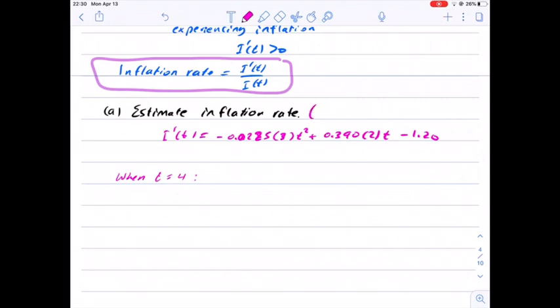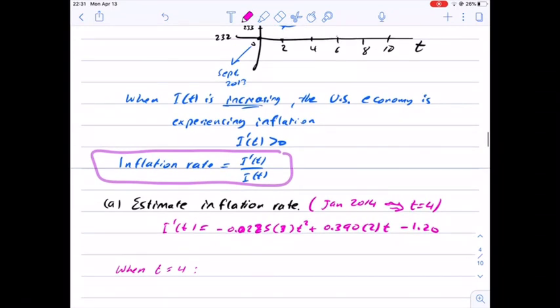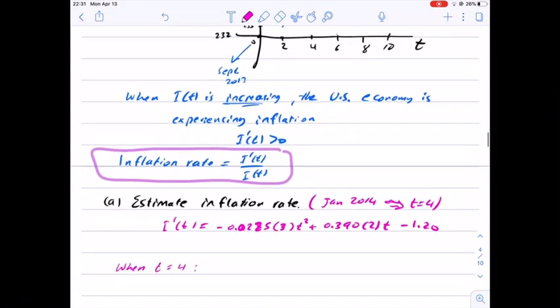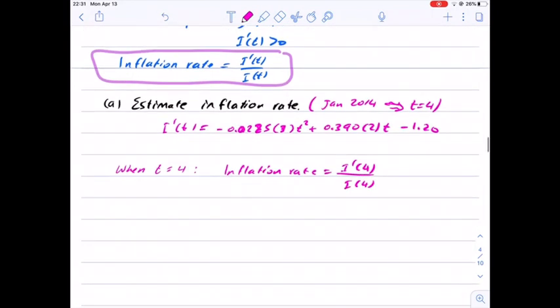So let's estimate this at January 2014. That means t equals 4. So in this case t equals 4, so the inflation rate is I prime of 4 over I of 4.